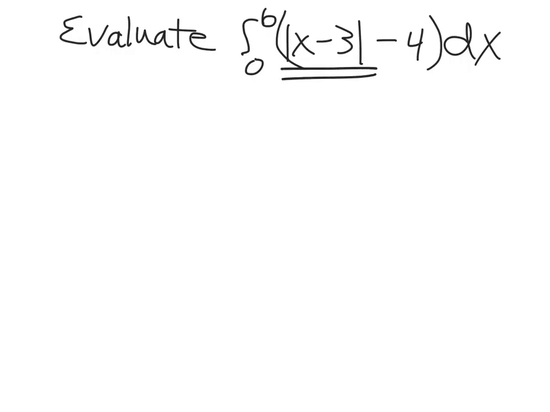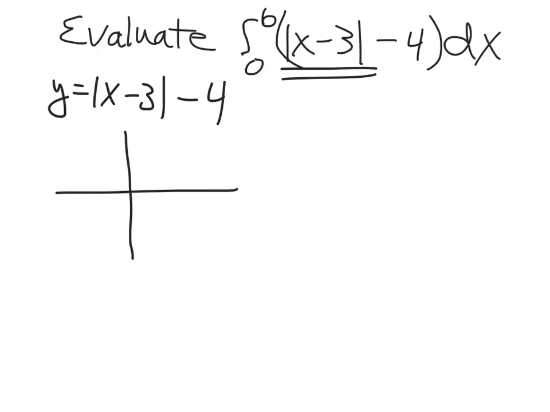And one of those functions is this absolute value. Now what we're going to have to do here, well, first of all, to get an idea of what this looks like, let's go ahead and graph this function. Does anybody remember what the graph of an absolute value looks like? What shape is it? Okay, it's a V shape. So in this case, where is, I guess we could call it the vertex?